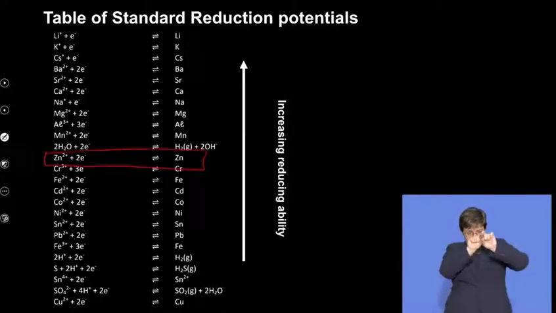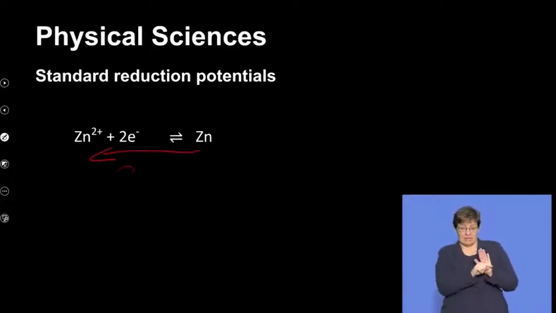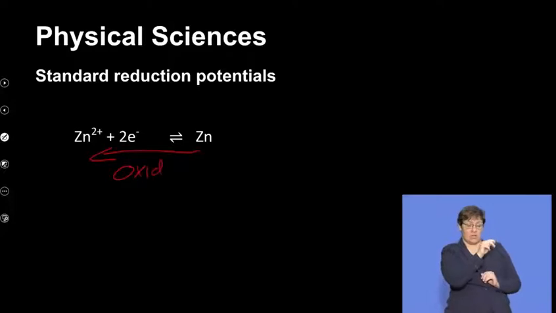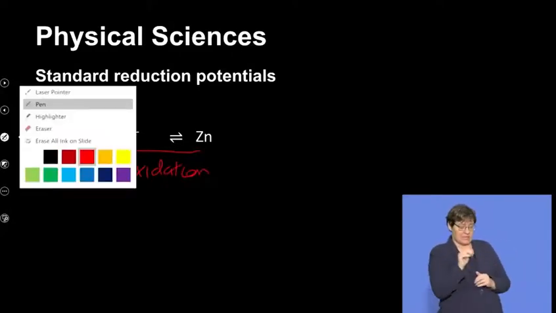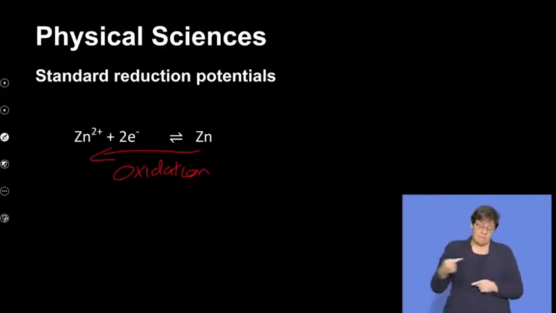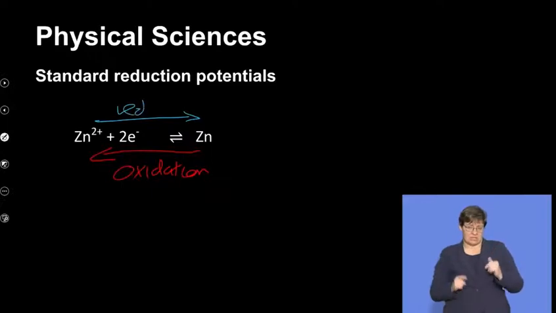We're going to zoom in on that reaction there, the reaction with zinc. I want you to see that zinc going to zinc ions is the oxidation reaction. Whereas if we take the reverse reaction, this is the reduction reaction.